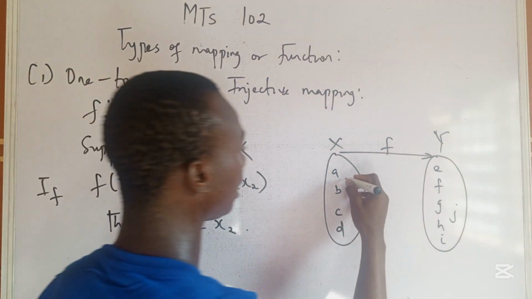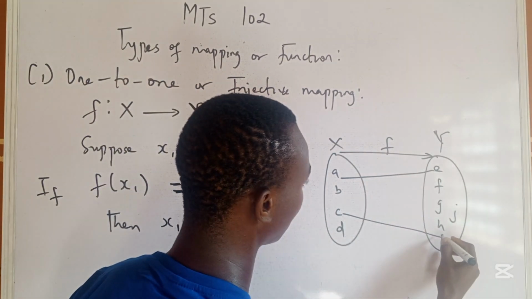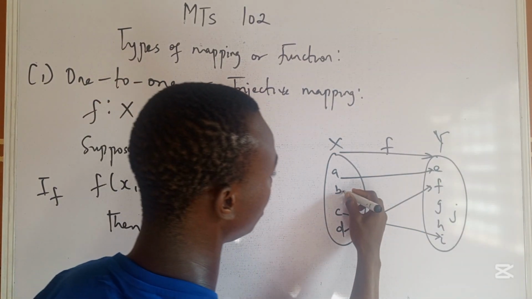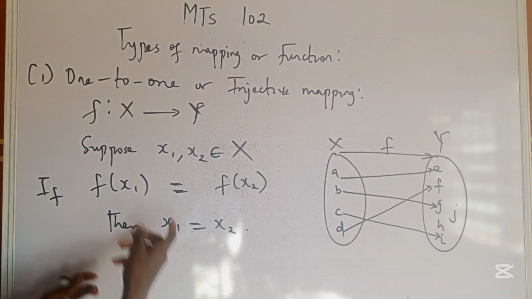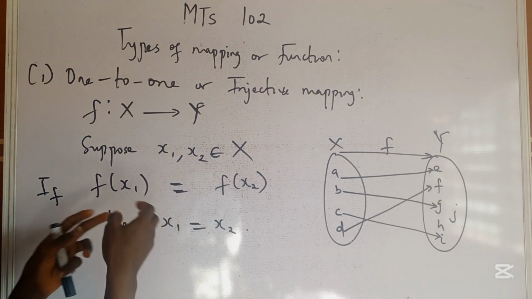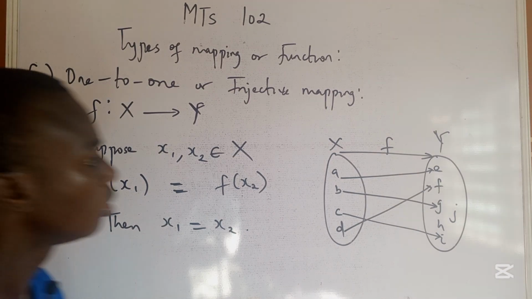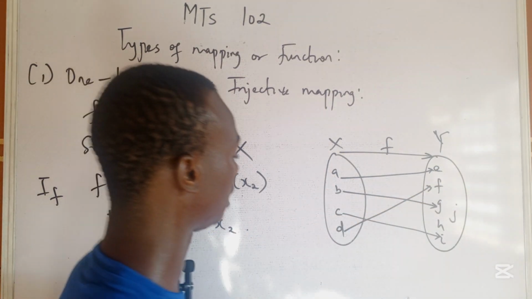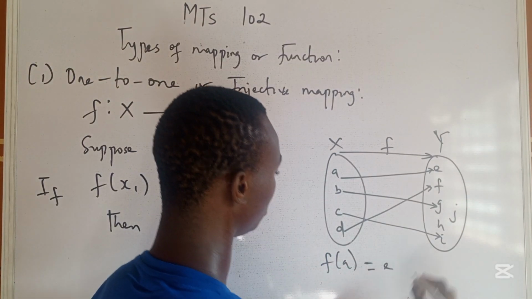Look at this. Let's assume a maps to e, c maps to i, d maps to f, then b to g. I said suppose we have two elements inside the domain. If the images of the two elements are equal to each other, then the pre-images will be the same. A has image e, which means f of a equals e.